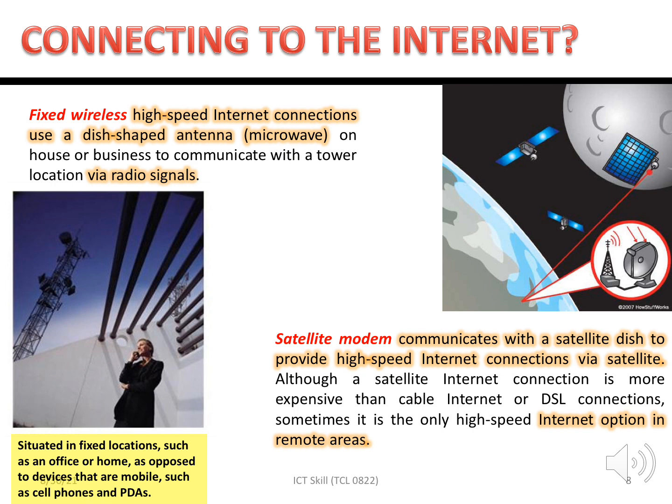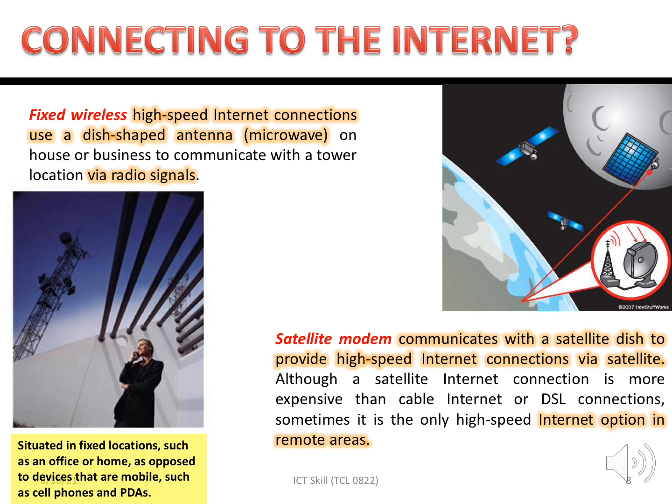And then the satellite modem communicates using the satellite, and is mostly used in rural places and remote areas. But this type of satellite modem is quite expensive, and it is a high speed internet connection. So that is an example of the types of how you connect to the internet.